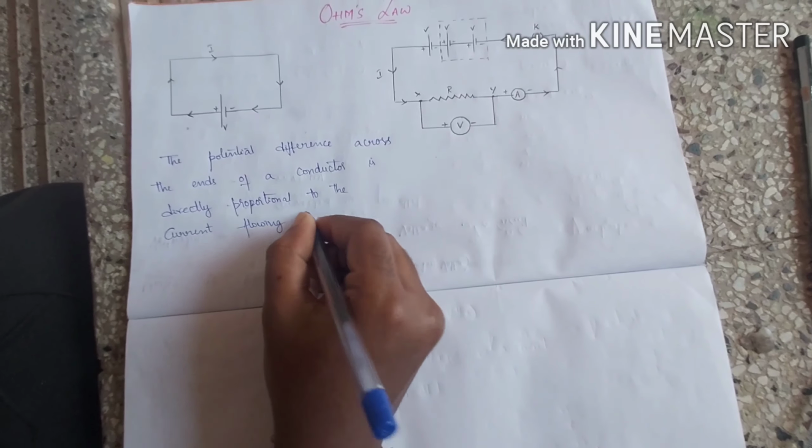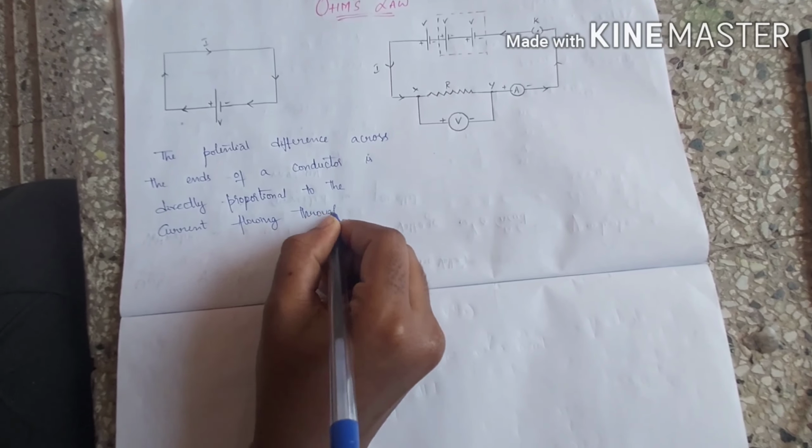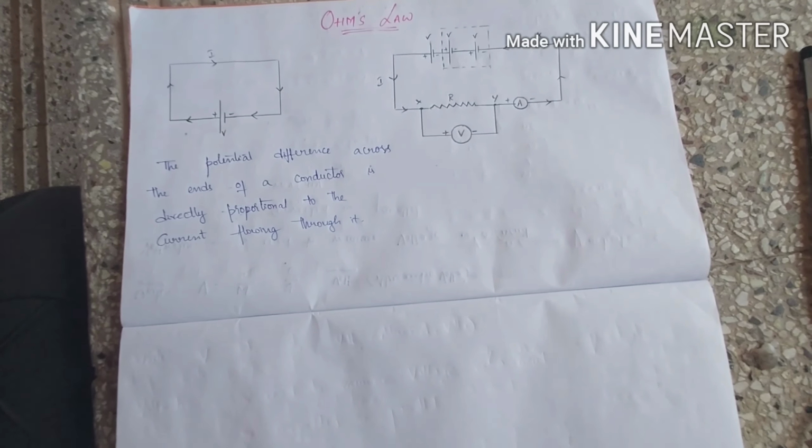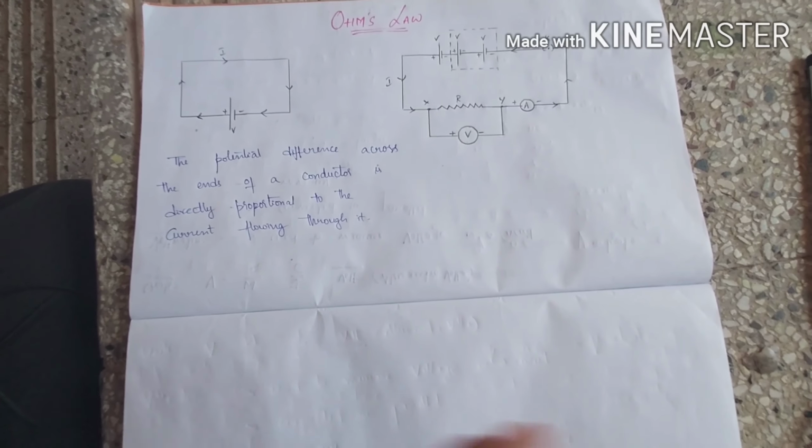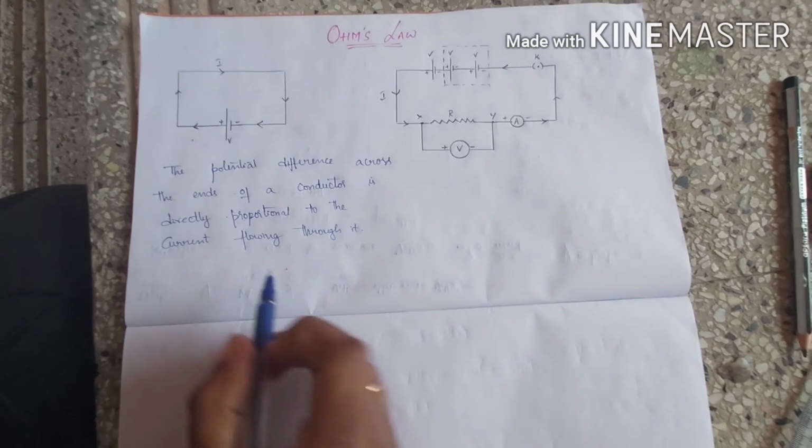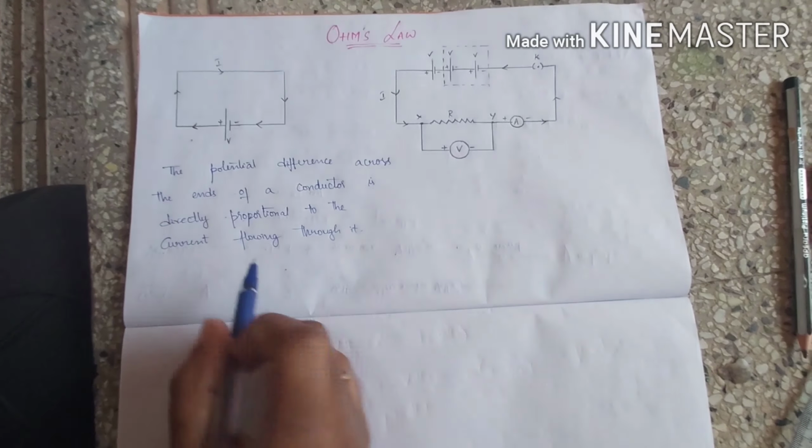If I increase the voltage V, the work done in moving the charges also increases, which in turn increases the current. The flow of charges will increase more and more.